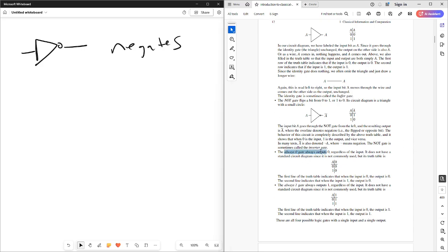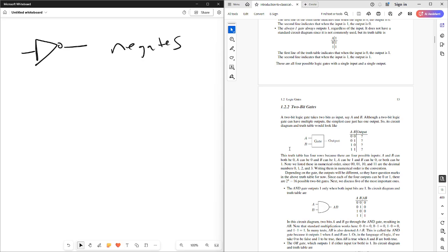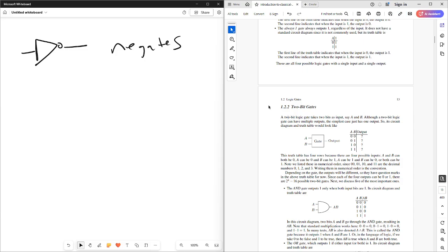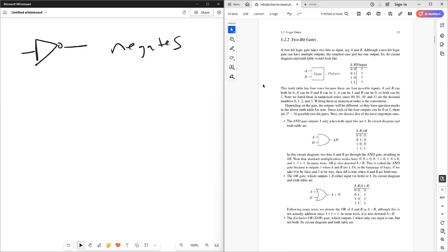The always 0 and always 1, we didn't have to deal with those, so I'm just going to skip over that. What we're primarily going to be doing are the analogs with the 2-bit gates and some of these more advanced single qubit things later on.